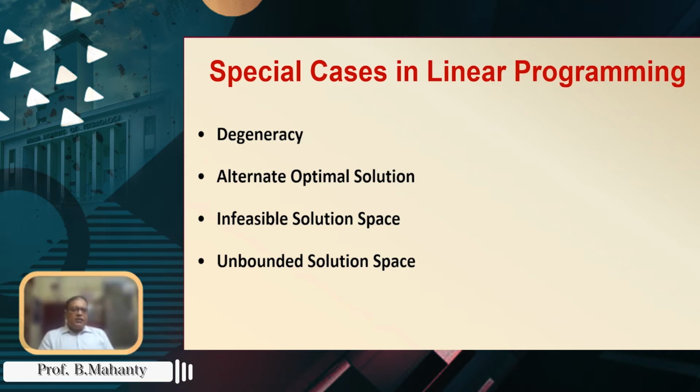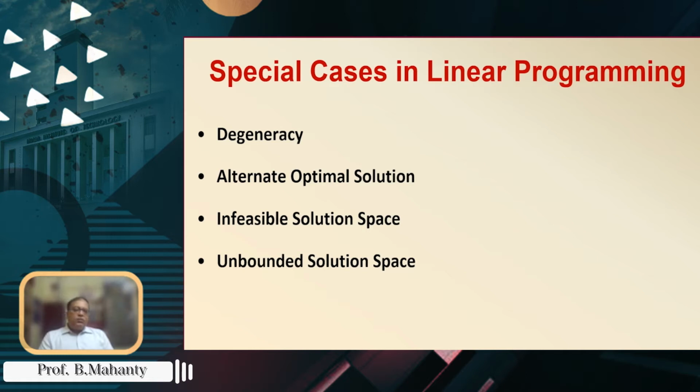Essentially, what we discuss is what these special cases are and when they occur, what the definition of these special cases is, and specifically how to understand them when solving the problem graphically or by the simplex algorithm.